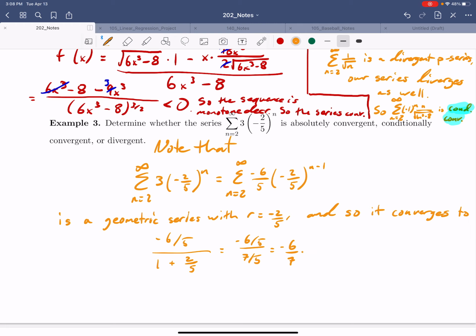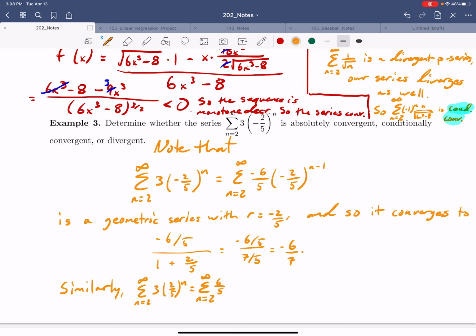Now, what happens if we consider the absolute value of the term? Well, hopefully you can see, similarly, 3 times 2/5 to the n. Well, this is just another geometric series.